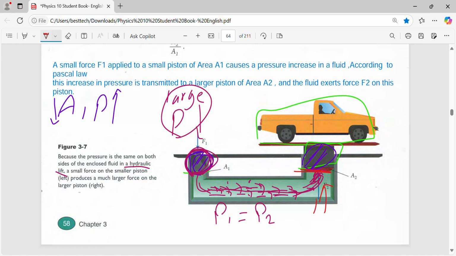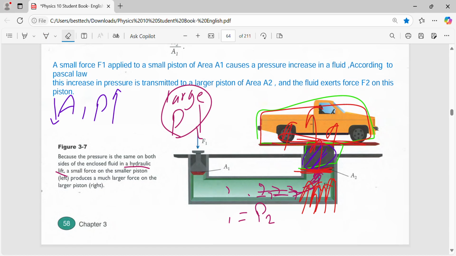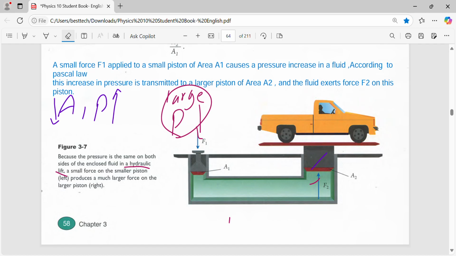This large pressure can exert a large force on this piston, so that's why it can lift the cars. We can lift the cars easily because here we have a large pressure. So this is the process. It's called Pascal's principle.